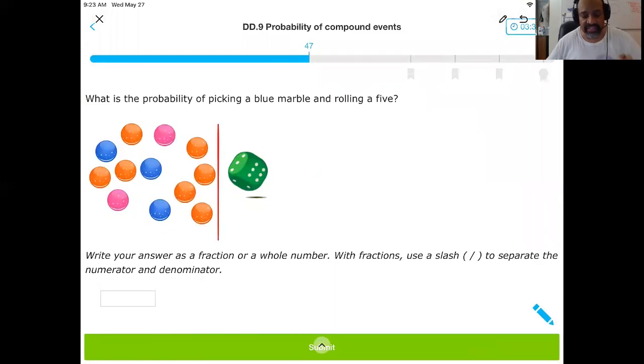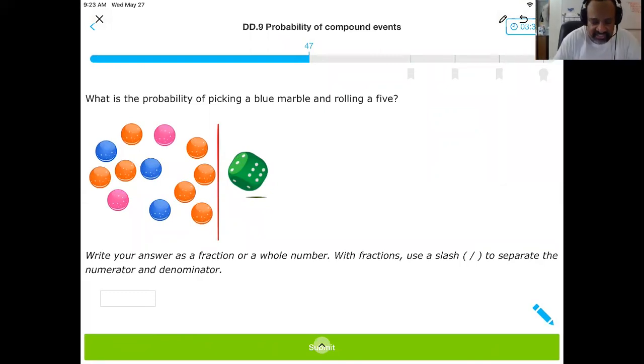It says, what's the probability of picking a blue marble and then rolling a 5? Now, you should know that these two events don't really impact each other. Picking a marble is different from rolling a die. It doesn't change the probabilities of each one of those events, so these two events are independent.